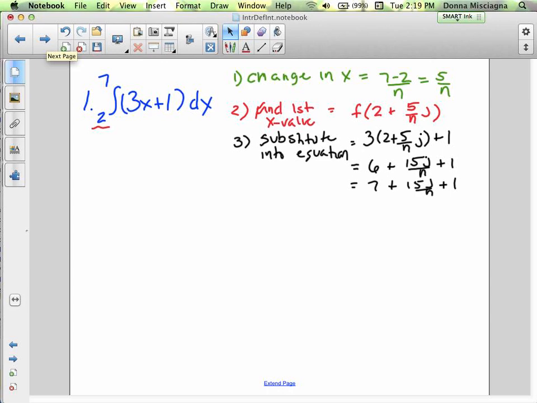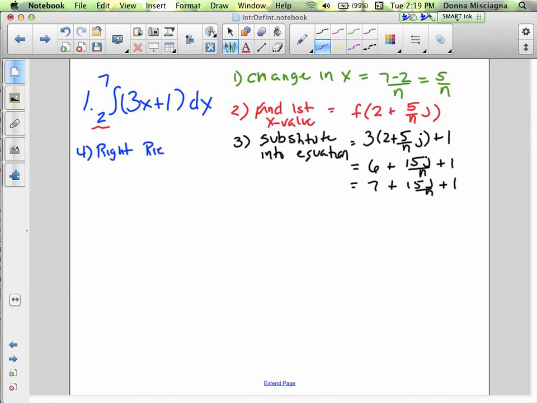Now we're going to do a right Riemann sum. I'm going to come over here because I'm running out of space. So when we're summing up, we start with j equals 1, starting with our first value we plugged in, which is the first increase.